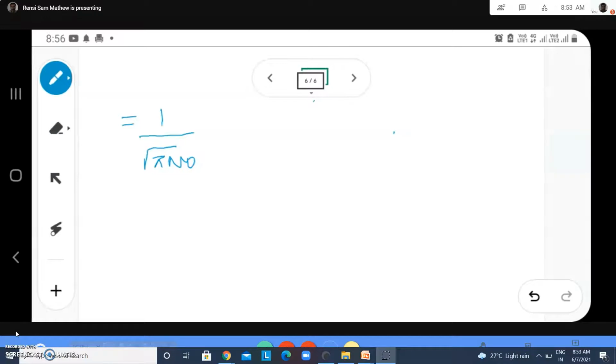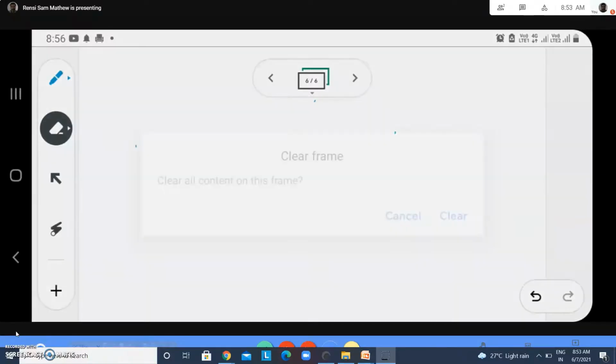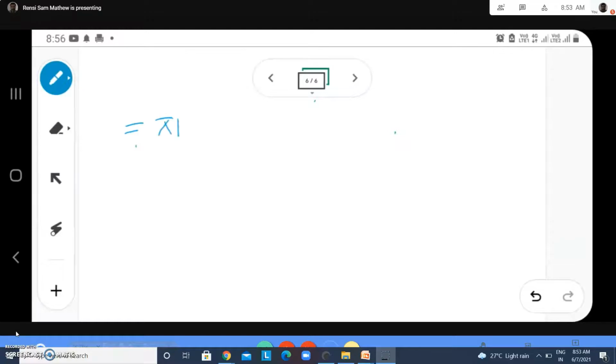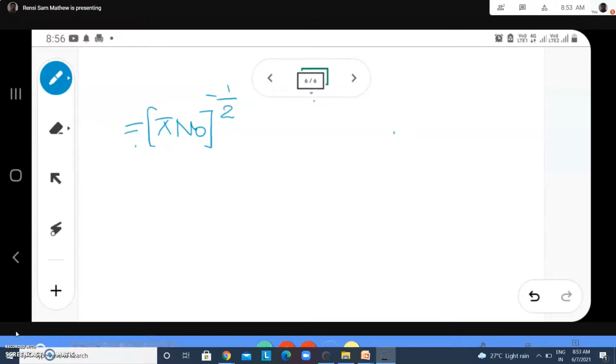It doesn't depend upon i or j. I write it as pi n0 the whole raised to minus 1 by 2. Now there are n times it is multiplied, so it is raised to n by 2.